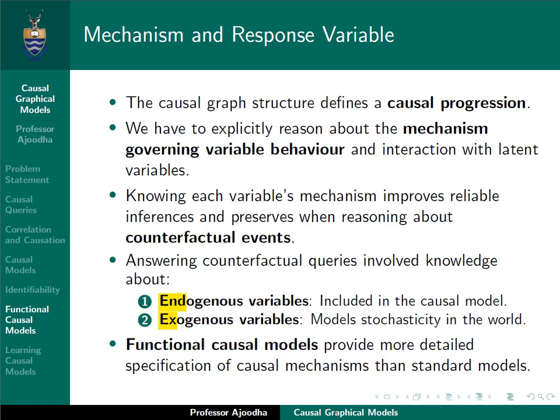Functional causal models are interesting because they move us from population level causality to individual level mechanisms. Remember, we said that's a big advantage of using a graphical model in the first place. The standard causal models might tell us that treatment increases the probability of recovery, but a functional model allows us to represent different kinds of individuals.